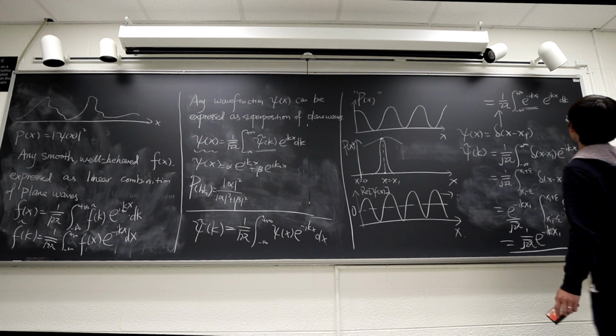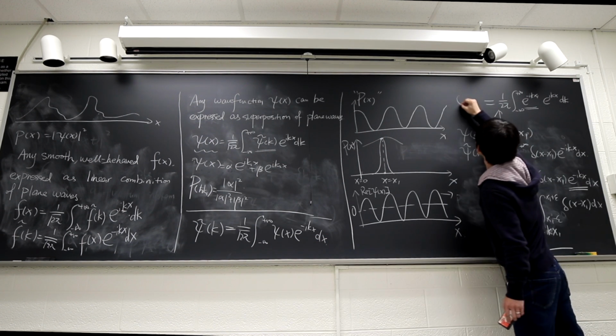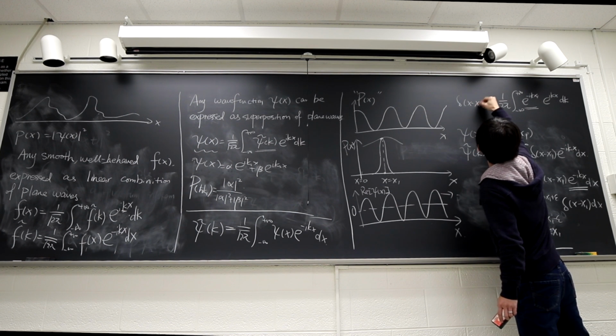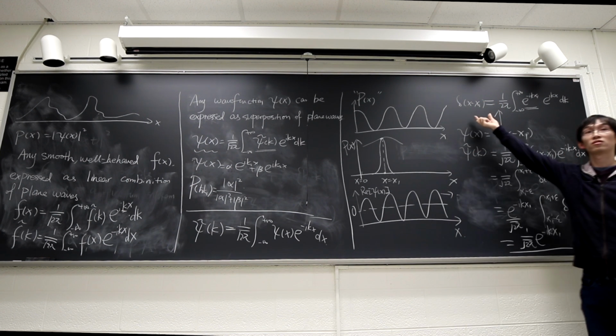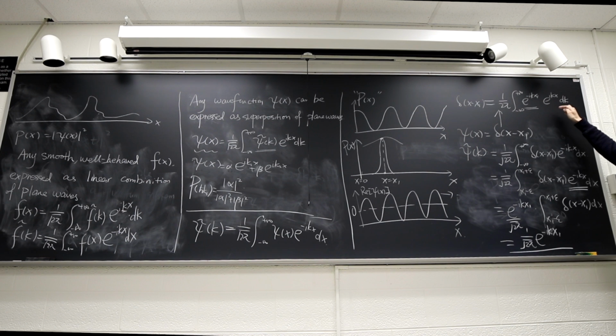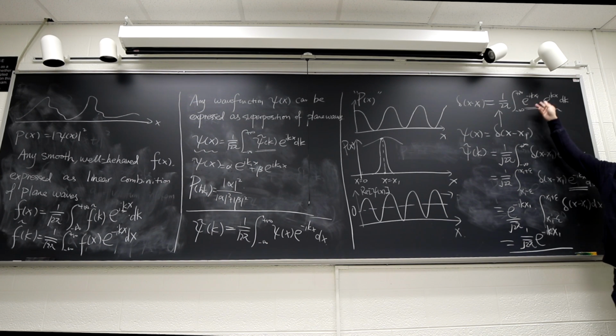What it means is that this delta function is composed of a lot of different momenta. It has a lot of plane waves with different momentum, and each plane wave has an amplitude. It's this, and the amplitude is always 1.